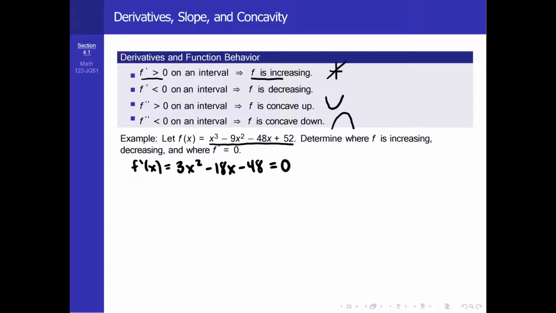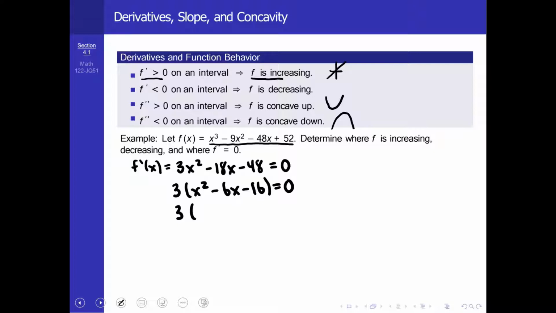So the first thing I notice is that I can take a factor of 3 out of here. And I get this resulting expression. And now I can take this x squared minus 6x minus 16 and factor it.